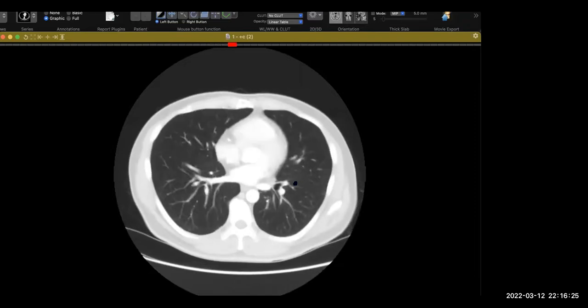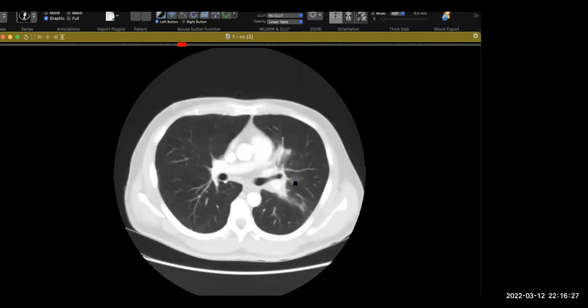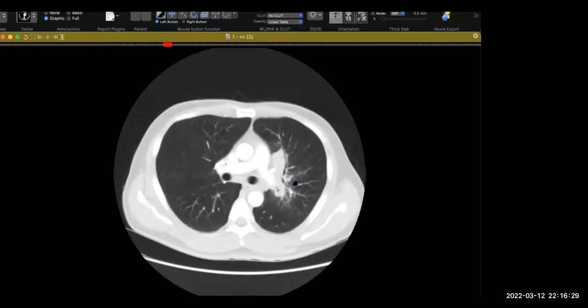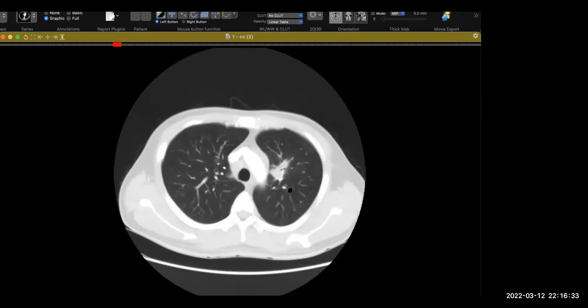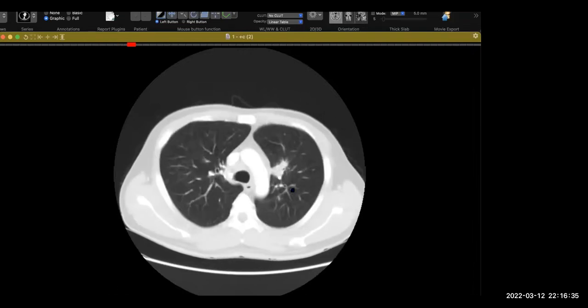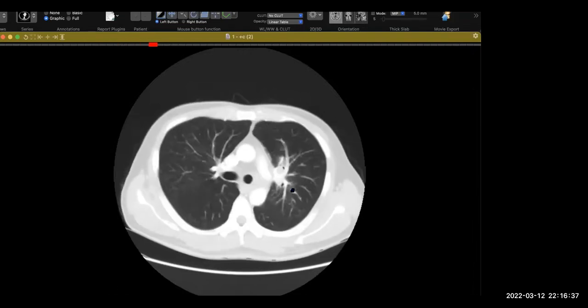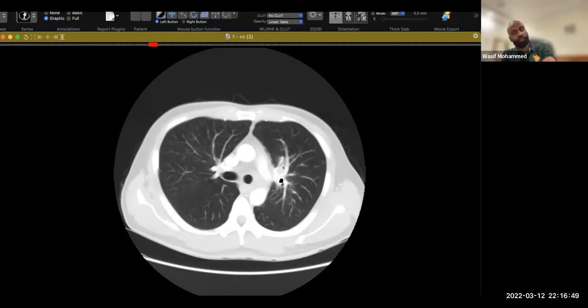This is seen to encase the vascular structures rather than invade them. There is also reticulonodular thickening within the lung parenchyma in the associated area. So my inference from this case would be this could be a case of a primary lung cancer with the associated. So you gave me the positives.